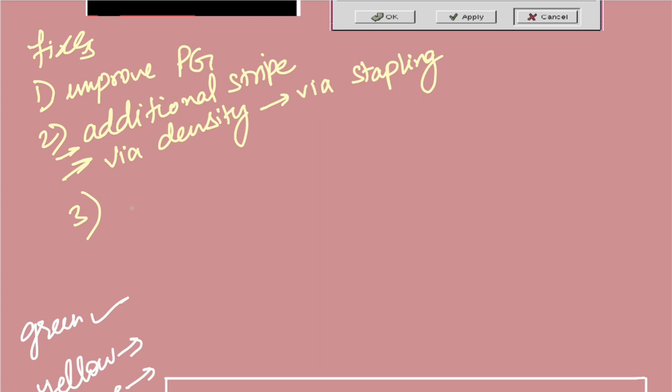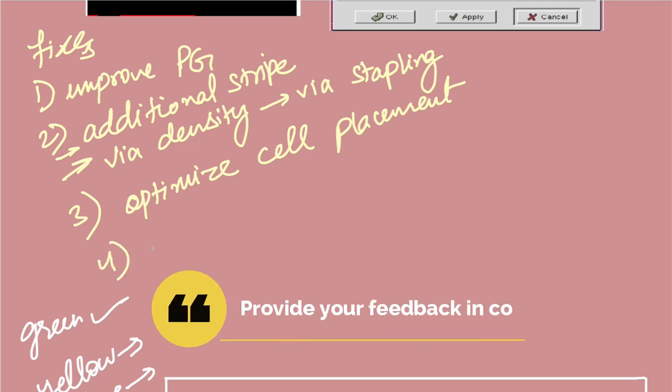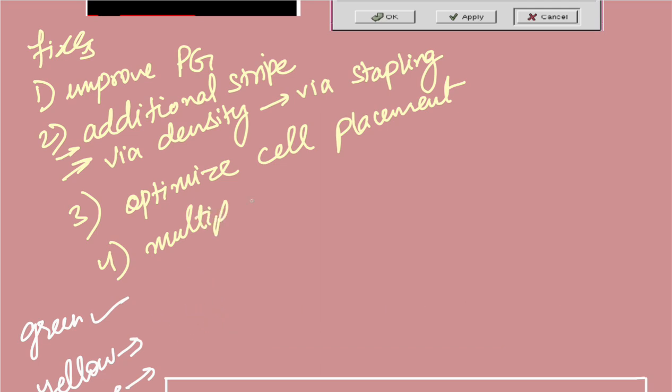That is another option. Other than that, you can also optimize the cell placement. By doing that also you can reduce the static IR. Otherwise, at the SoC level, if you have an option, you can add multiple power pads, if that is under your control. It is basically conditional.